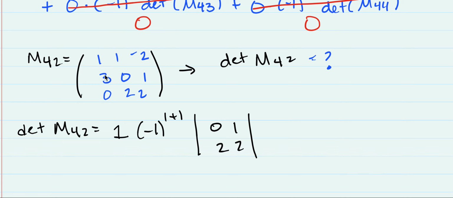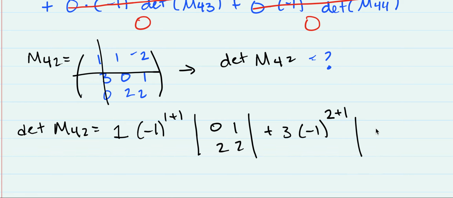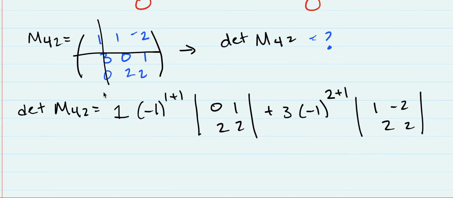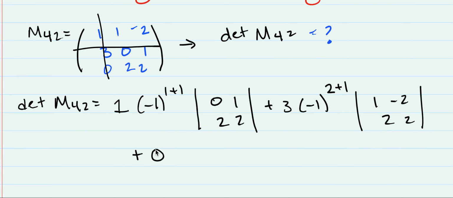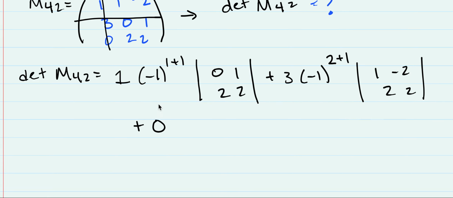Okay, then I'm going to go with this 3, so plus 3 times negative 1 to the, now this is the 2,1 entry, so 2 plus 1, and then the minor matrix is 1, negative 2, 2, 2. And I chose this column because it had a 0 in it, so I don't have to worry about this third minor matrix.